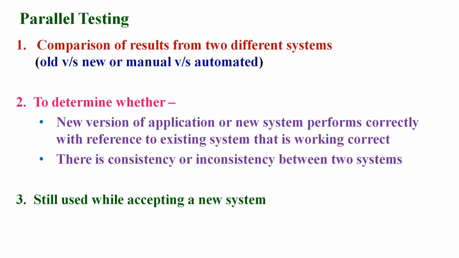Generally the projects are of three types. One is development projects, second one is enhancement projects, third one is maintenance projects. What do you mean by enhancement? Adding extra features or extra functionalities to the existing system.